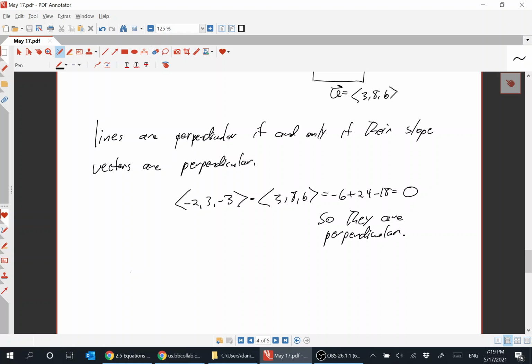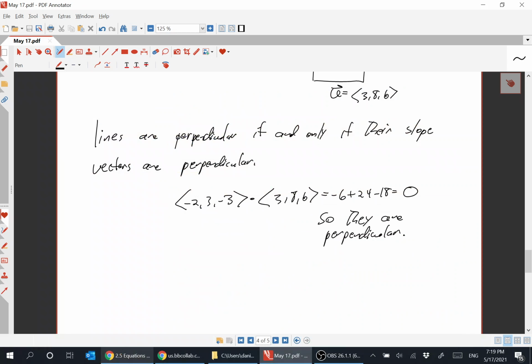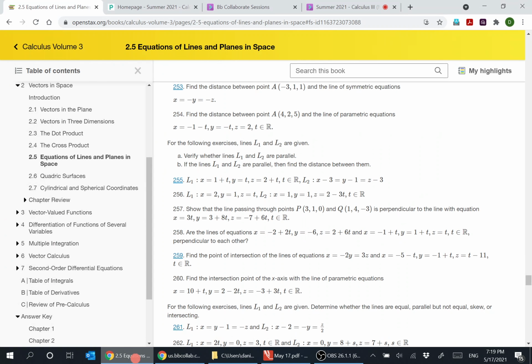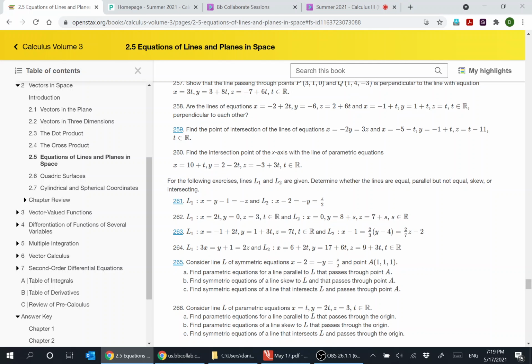All right, that was 257. Now 261, 264. Determine whether the lines are equal, parallel but not equal, skew, or intersecting.